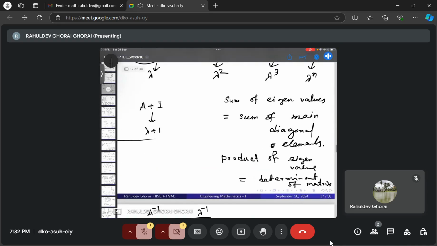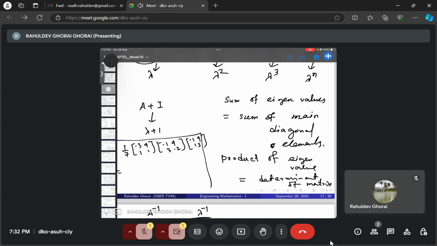The P inverse was 1/7 [-3, 4; 1, 1]. A will be [-1, 4; 3, -2]. And P inverse AP, P again is [-1, 4; 1, 3], right?